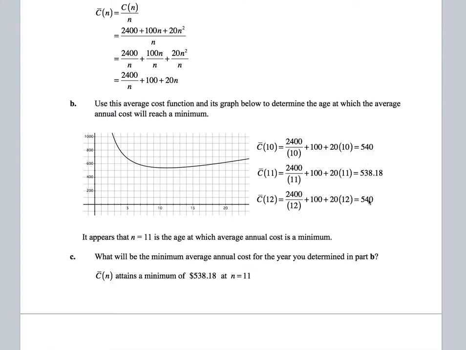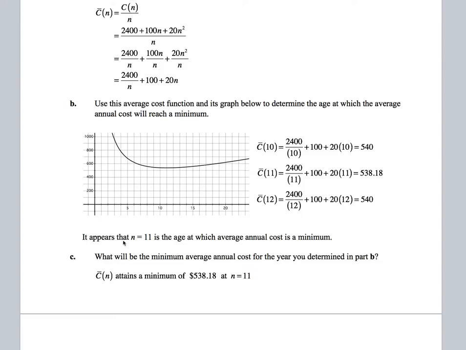And we do the same for 11. N equals 11. And that simplifies to $538.18. And then at 12, that simplifies to 540 again. So it looks like we go from 540 down to 538, back up to 540.